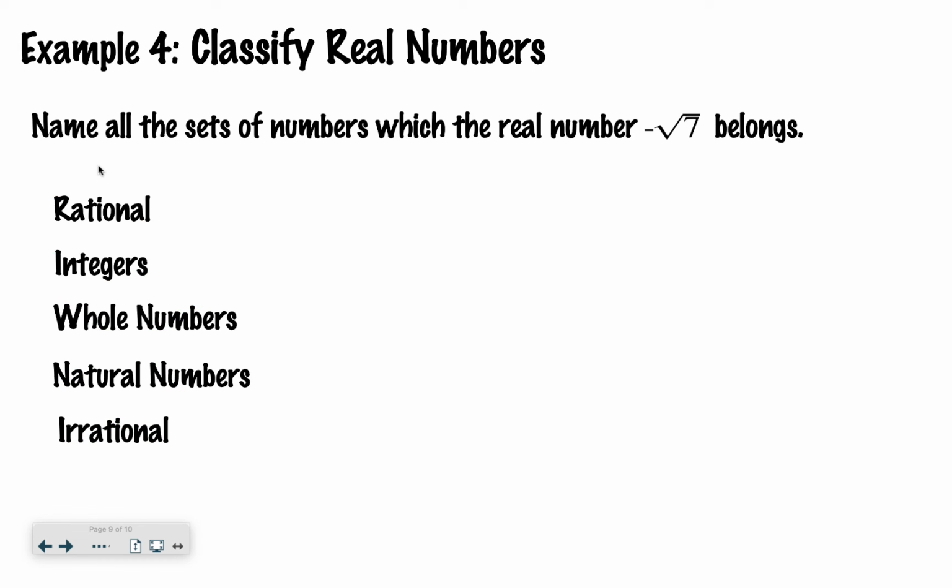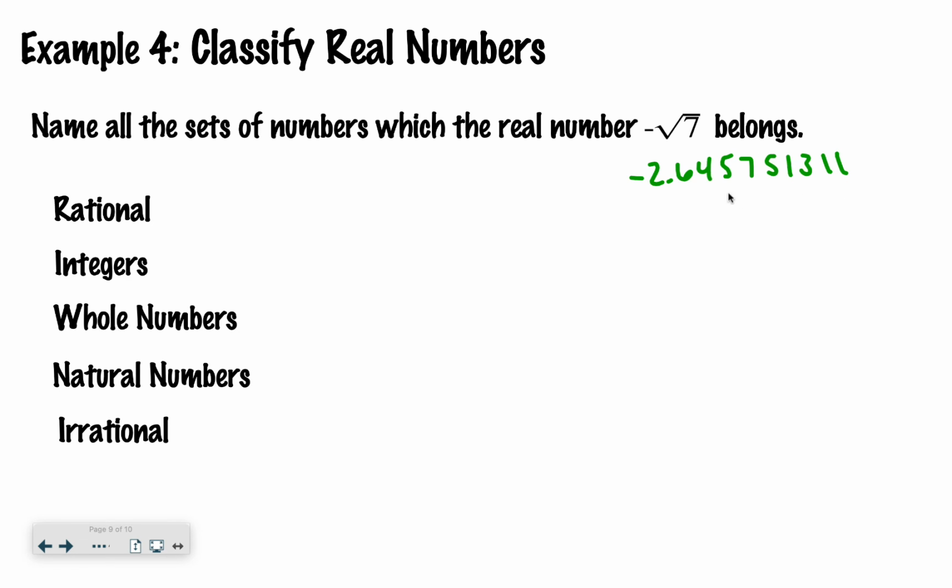All right, let's try another one. Name all the sets of numbers to which the real number, the negative square root of 7, belongs. So I want to figure out what the square root of 7 is. And there's a negative, so 2.645751311. Okay, so these are not repeating.